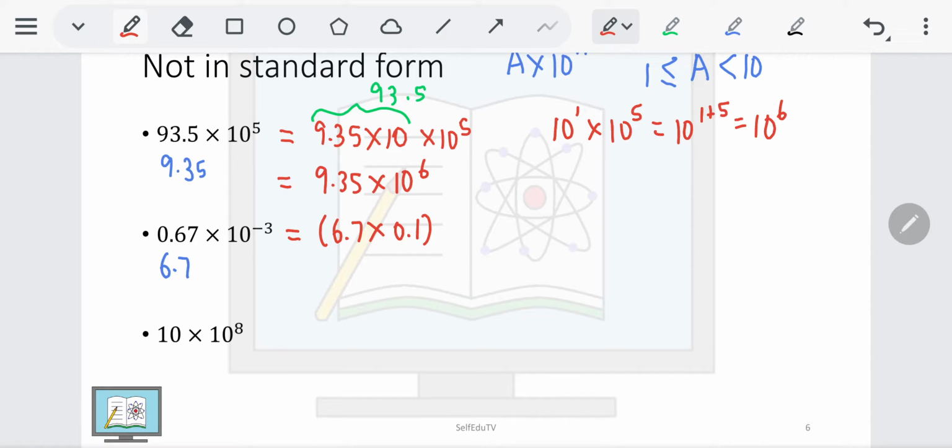If you multiply 6.7 by 0.1, you will get 0.67, and then multiply by 10 to the power negative 3. 0.1 is 10 to the power negative 1. Again, you combine 10 to the power negative 1 and 10 to the power negative 3 by using the rules of indices.